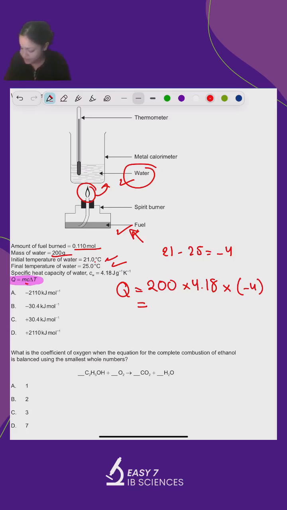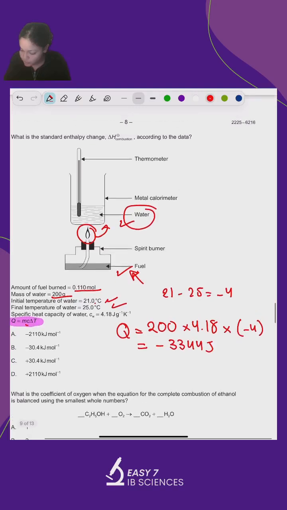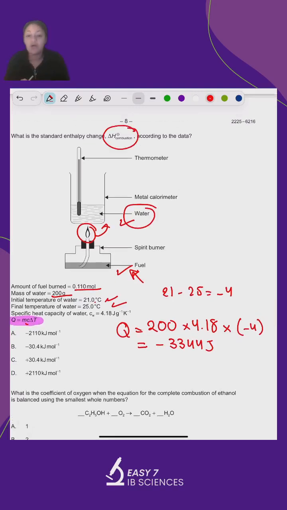I got an answer of -3,344 joules basically. Now I know that to convert this to delta H, I first of all must convert it to kilojoules, and then I also need to find out how many per mole, because delta H is kilojoules per mole. This is just joules.